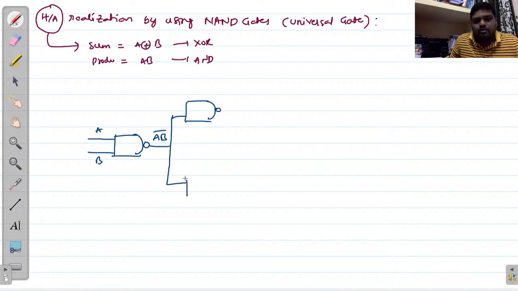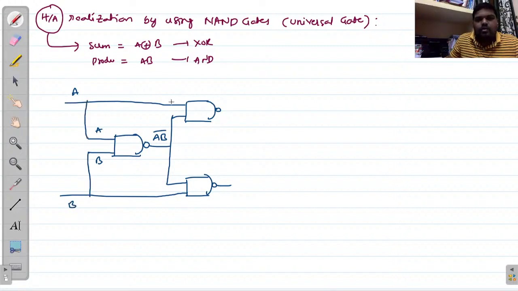So for this I am providing A as a direct input, and for the third gate I am providing B as a direct input. And this is A, B bar and A bar B, sorry, A B bar, and this is B. Now these two are connected to one more NAND gate.